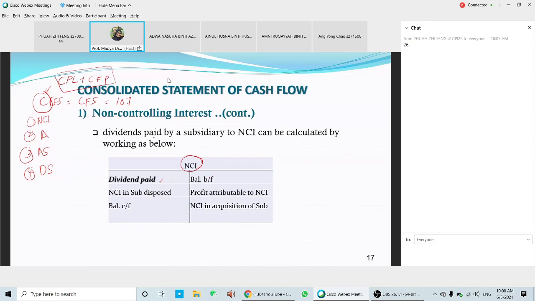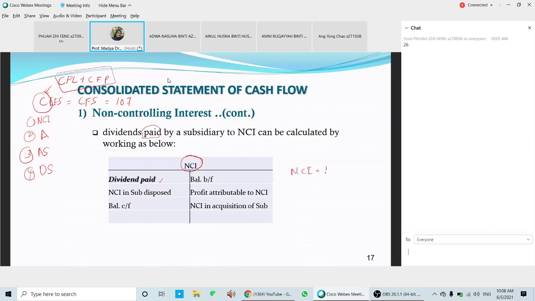Okay, so for the NCI here, dividend paid by subsidiary to NCI is calculated by this working using the T accounts here. So for the NCI account here, the credit side is a balance, and then the amount of NCI here is balance brought forward. Amount of NCI here will be increased.